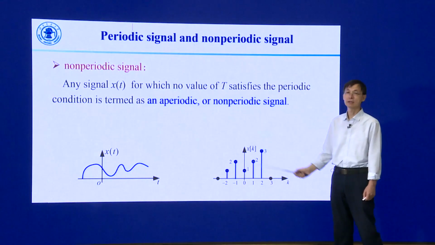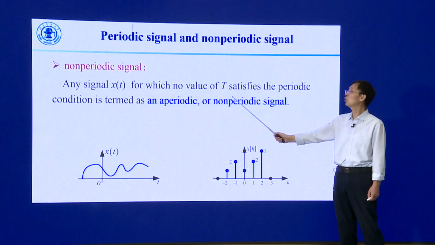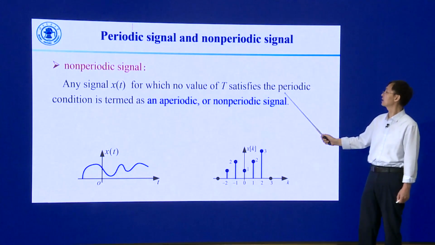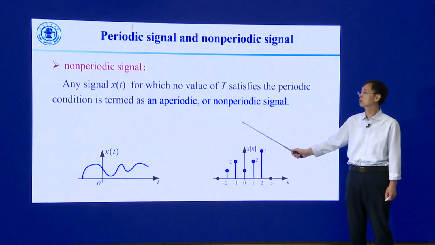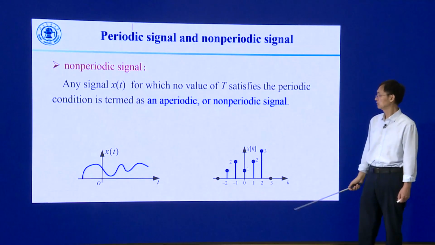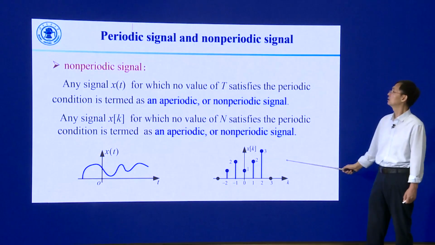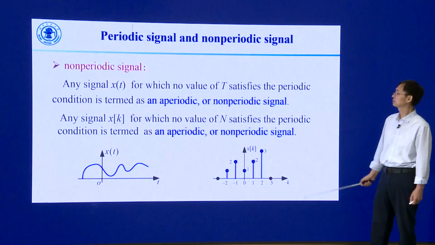Non-periodic signal. Any signal x of t for which no value of T satisfies the periodic condition is termed as a non-periodic signal. For example, these signals are not periodic signals.